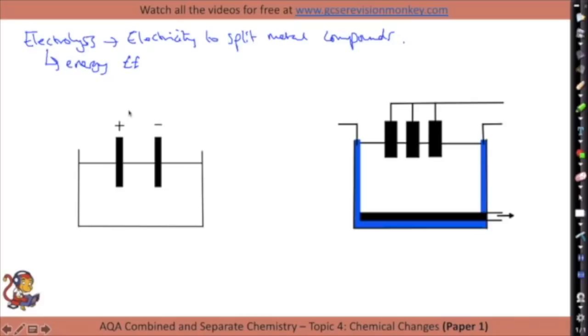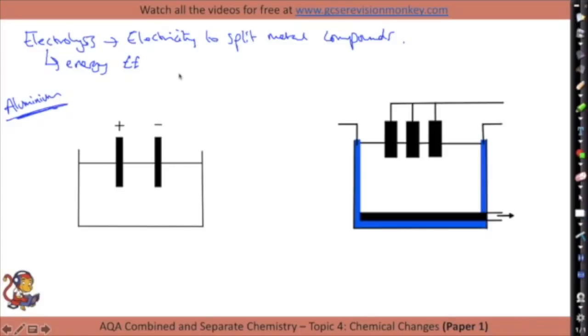So with the metals that are below carbon in the reactivity series, really you want to be using reduction because that's cheaper. However, some metals such as aluminium, you can't use reduction because they're more reactive than carbon, so you would have to use electrolysis, and it makes it a little bit more expensive.